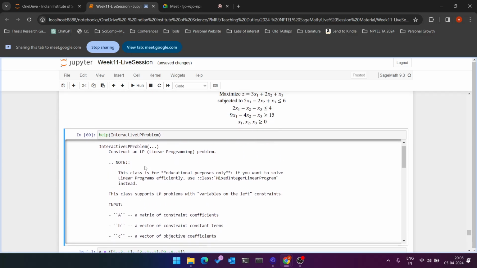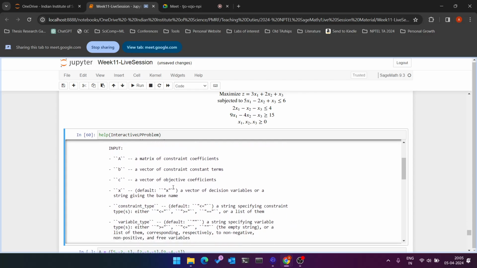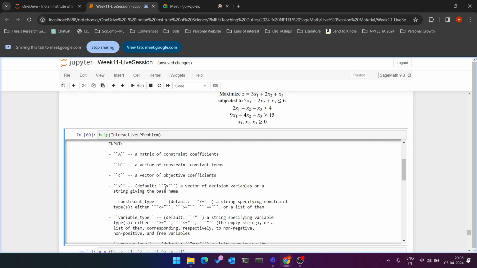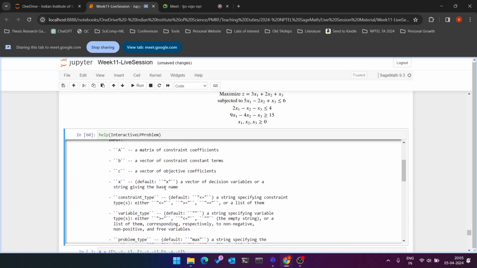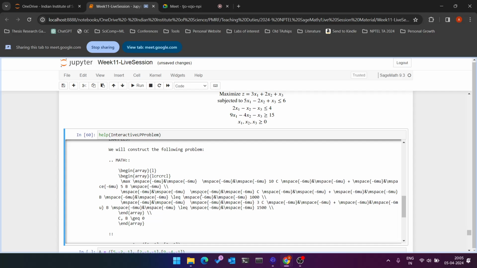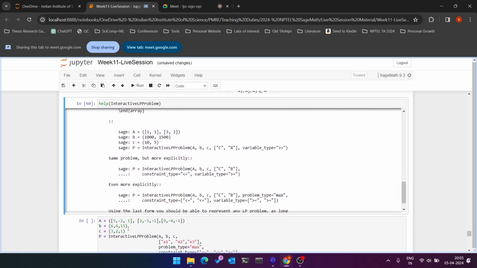It basically constructs a linear programming problem, for educational purposes, this is what it's saying. A is the matrix of constraint coefficients. B is a vector of constraint terms, so the right hand side of the constraints. C is a vector of objective coefficients. And an example is given here.